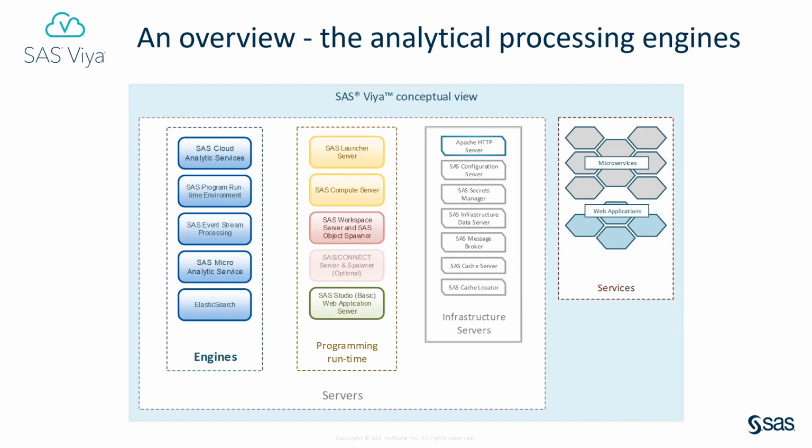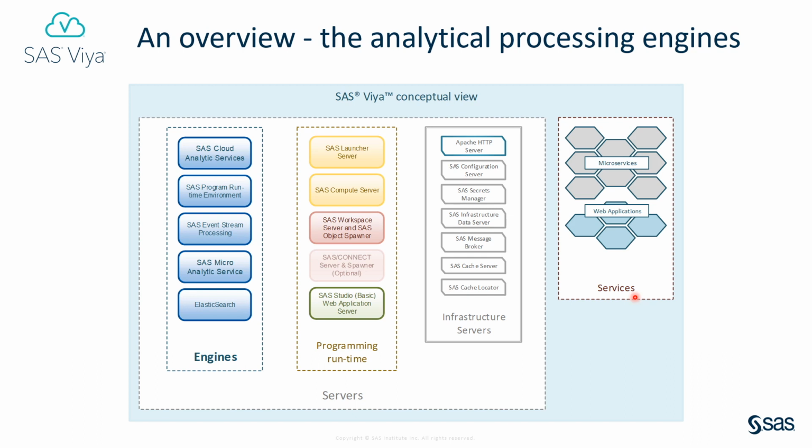But first, if we take a step back and have a look at the Viya platform. This provides a conceptual view of the Viya platform. And along with the analytical engines shown on the left here, we can also see that there are other logical groupings of components and services. We have our programming runtime, our infrastructure servers, and our services, which we categorize as microservices and web applications.